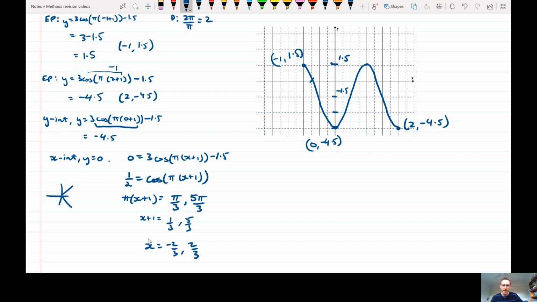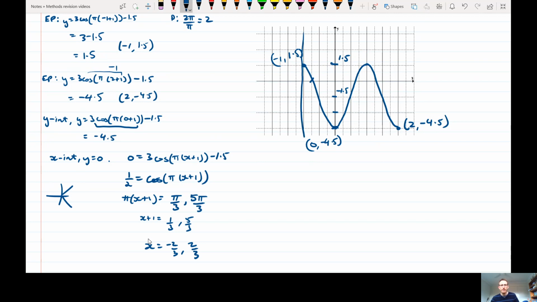So the negative 2/3 is down here, which is interesting because we solved for the first two solutions. You'd think it would have been those two. But what we've got is a translation to the left of 1. We have a graph that's moved left 1, so we would have assumed it should have been the first one there, but it was not. Okay, we've got a half of a period left. Remember, sorry, not that one there.